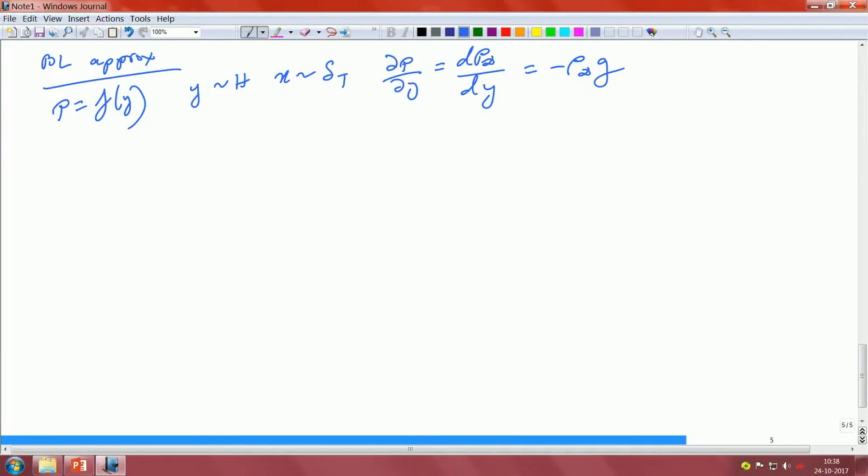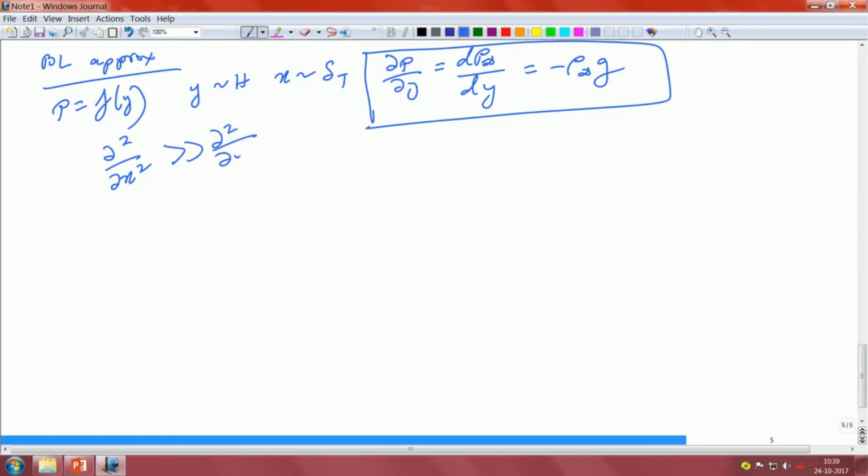This we already proved in our flat plate boundary layer problem, right. Now, in this particular case obviously, because it is gravity assisted, this particular pressure drop is nothing but given by the hydrostatic head, that rho∞ g is nothing but the hydrostatic head over here. And also d²/dx² is much greater than d²/dy², right, because y being the direction of the flow and x being the depth of the boundary layer direction. So, naturally this will also be satisfied.